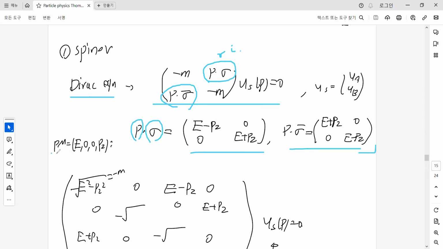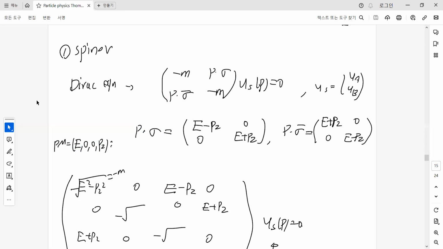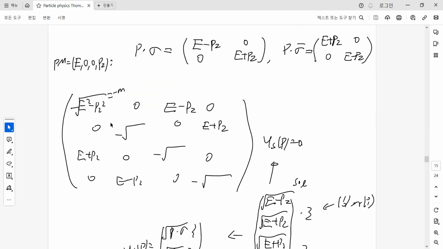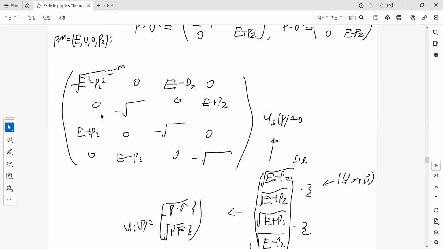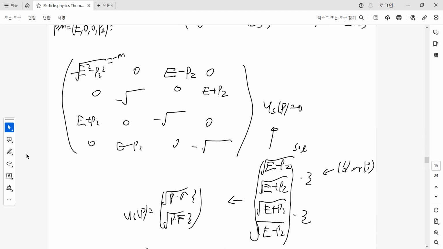If we align the momentum to the z direction, with energy E, then the Dirac equation in matrix form can be written as a 4x4 matrix with the energy E and the z-direction momentum p_z. If we solve such a matrix linear system, the solution is given as a function of energy and the z-direction momentum.